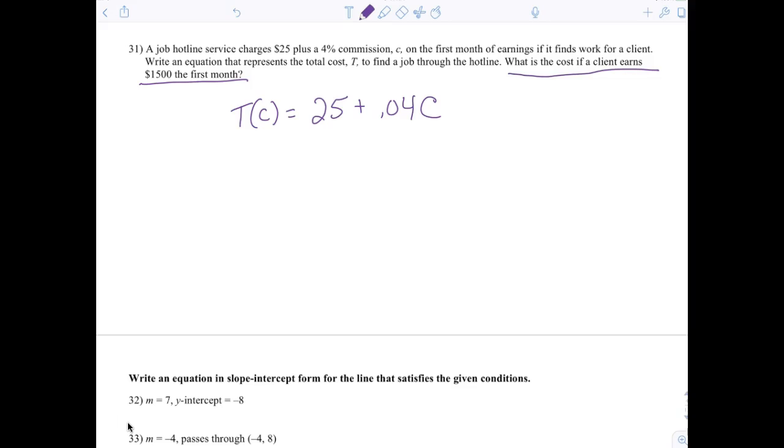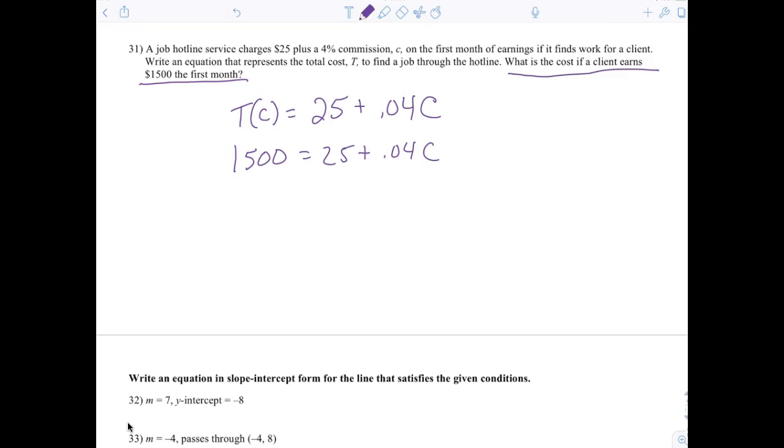So it's just 1,500 is equal to 25 plus 0.04 times C. So subtract 25 and divide by 0.04.